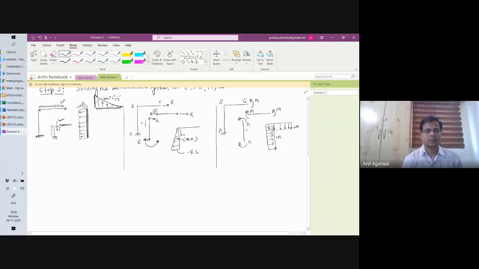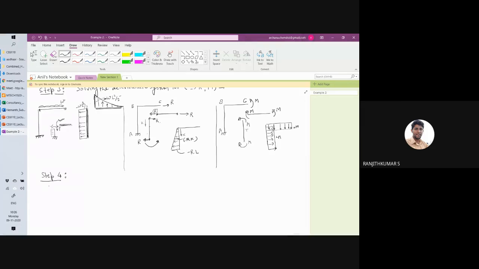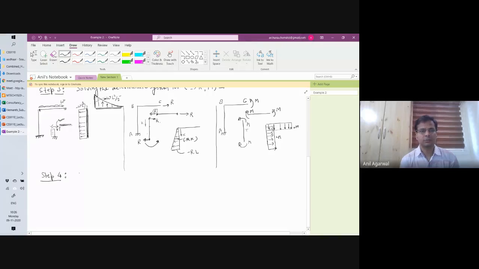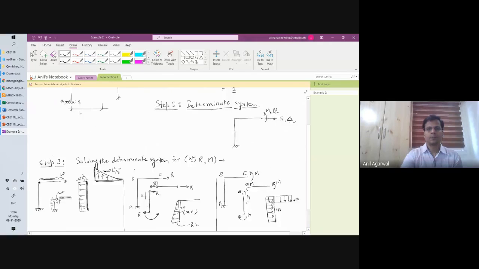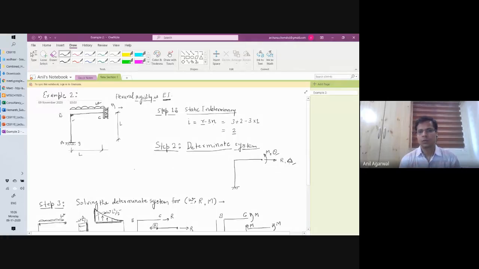What is the next step? Deflection calculation. Which deflections do we calculate? Theta and delta, right?